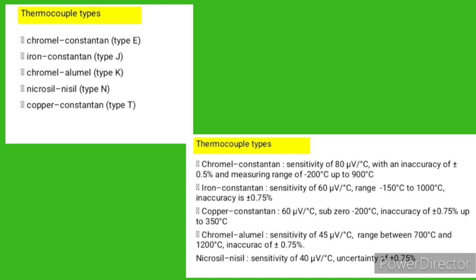The copper constantan sensitivity is 60 microvolt per degree, with a sub-zero range down to minus 200 degrees and an inaccuracy of plus or minus 0.75% up to 350 degrees Celsius. The chromel alumel sensitivity is 45 microvolt per degree, and the range of temperature is between 700 degrees Celsius and 1200 degrees Celsius, with an inaccuracy of plus or minus 0.75%. The nickel-based type has a sensitivity of 40 microvolt per degree and an uncertainty of plus or minus 0.75%.